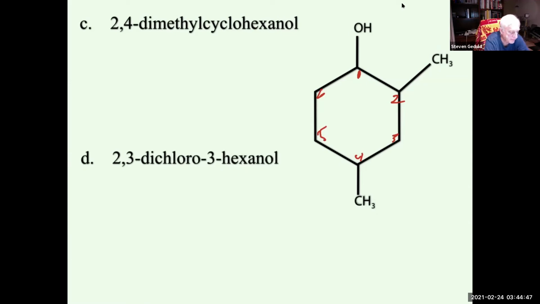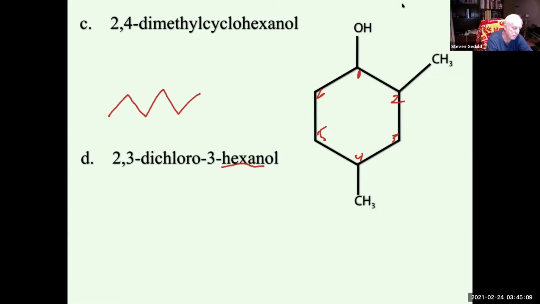2,3-dichloro-3-hexanol. Right. So hexanol is how many carbons? 6. Let's do the line structure. 1, 2, 3, 4, 5, 6 carbons. So there's hexane, all single bonds.